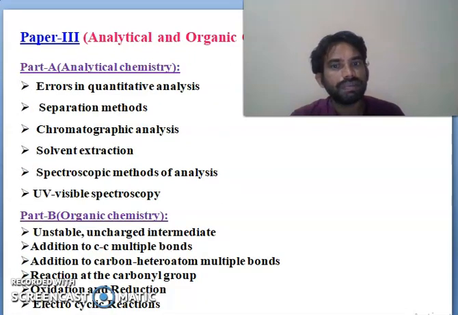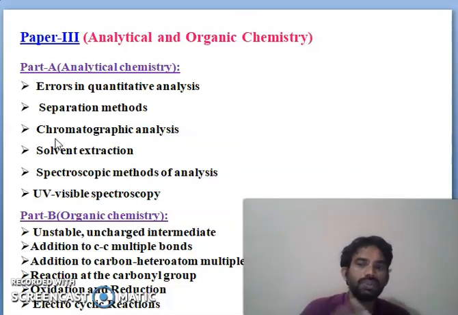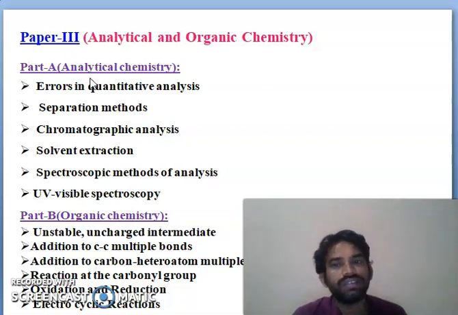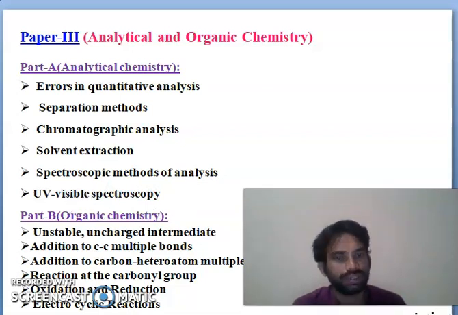And you can see paper 3, analytical chemistry and organic chemistry, with two parts. Part A is analytical chemistry: errors in quantitative analysis, separation methods, chromatography analysis, solvent extraction, spectroscopic methods of analysis, UV visible spectroscopy.